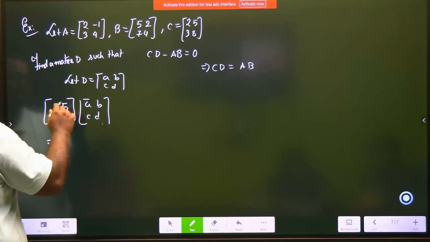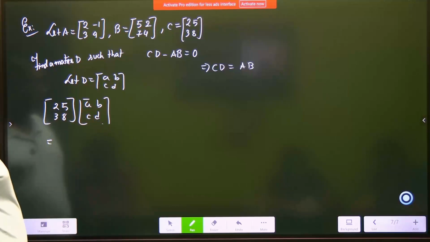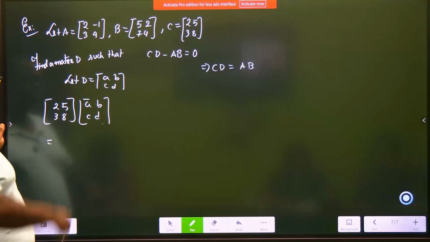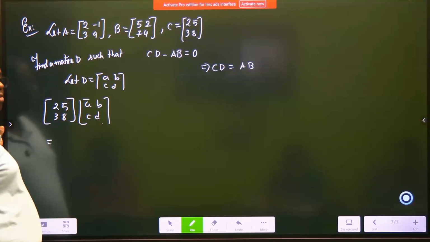You're multiplying this. This is column multiplied by the rows, right? If you take the column, you'll multiply the row.